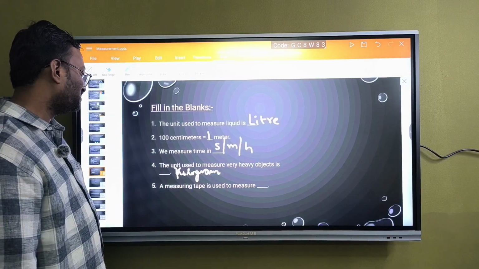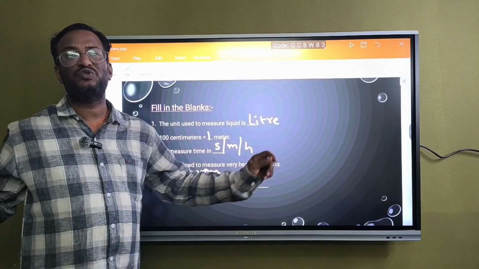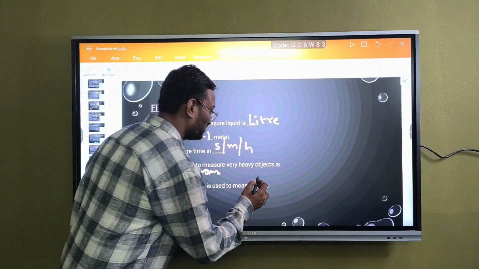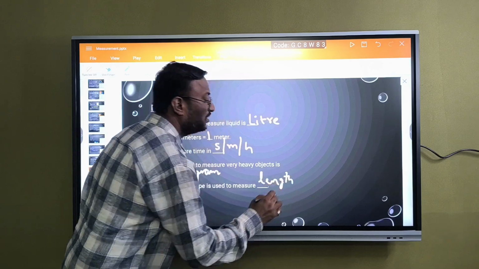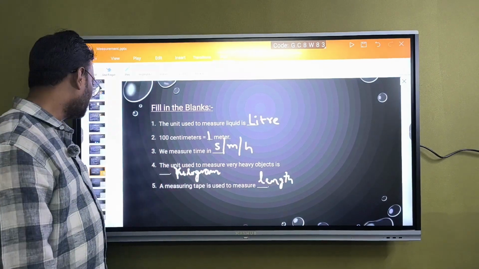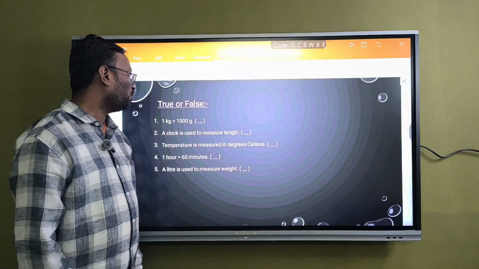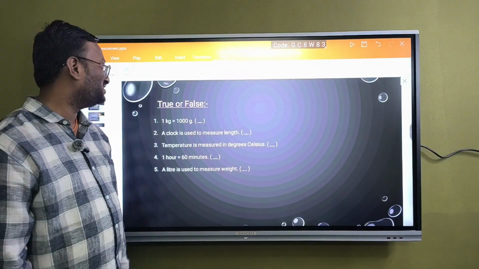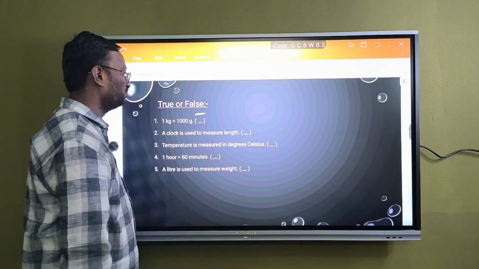Alright. Next, a measuring tape is used to measure. For what purpose are we going to use a tape? Length. And the next one is true or false. 1 kilogram is equal to 1000 grams. Yes, it is true.